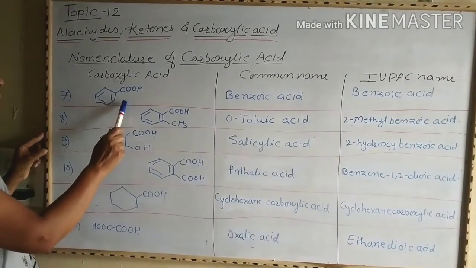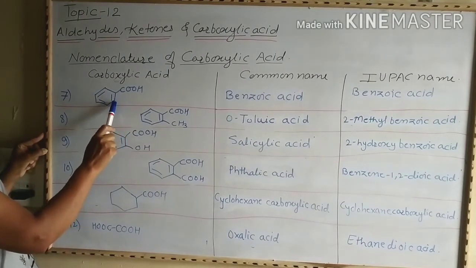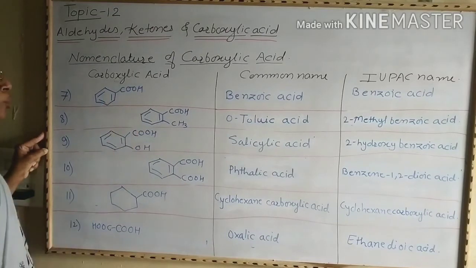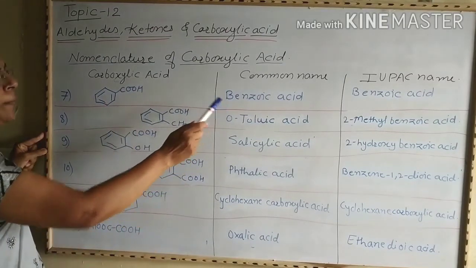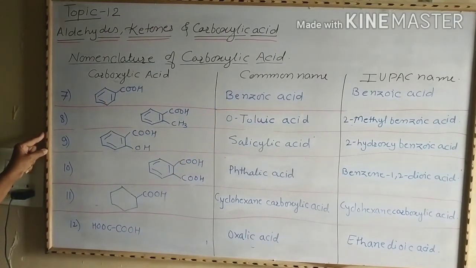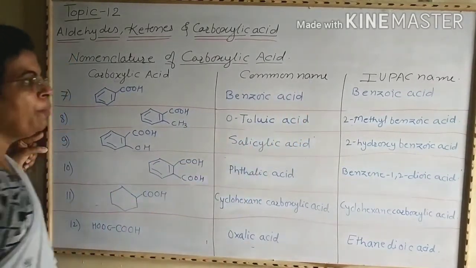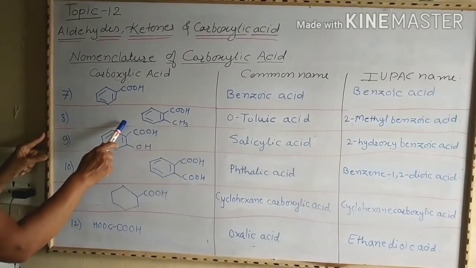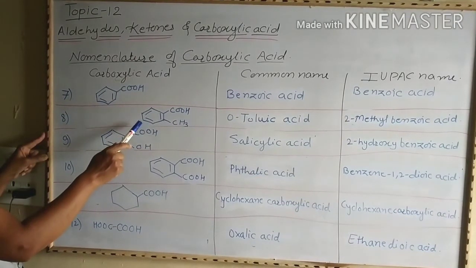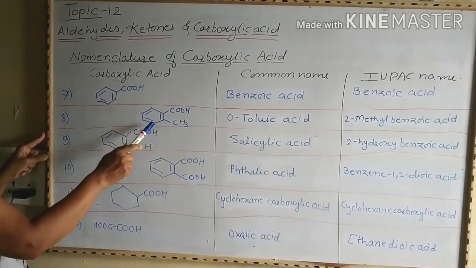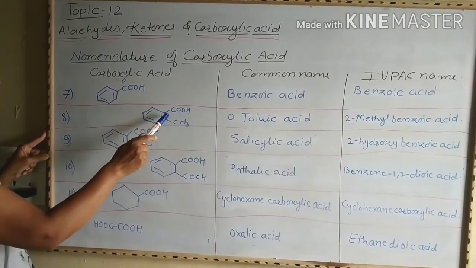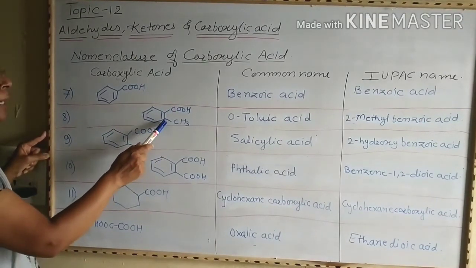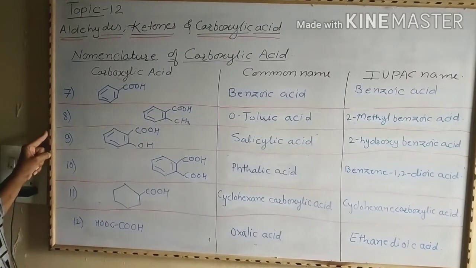Next example. This is benzene ring which is attached to COOH group. Therefore common name is benzoic acid. IUPAC name of this compound is also benzoic acid. Then 8th example. Here in benzene ring at 1 position there is COOH group and at 2 position there is CH3 group.